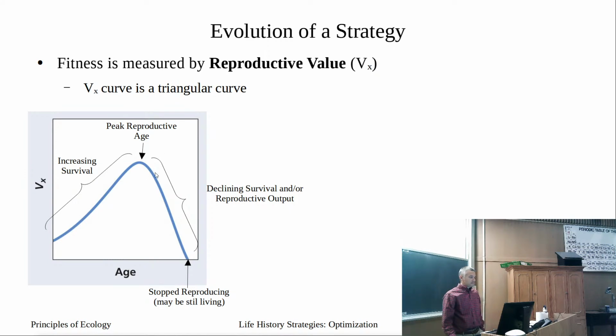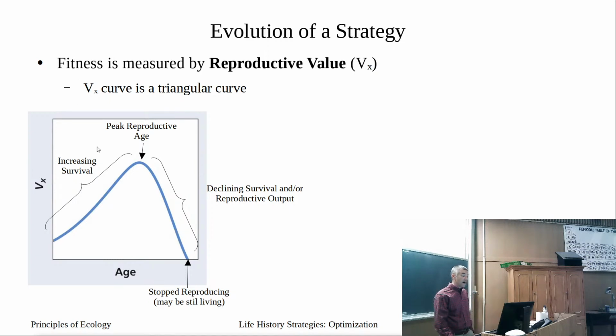Well, we'll start with the peak. That represents our peak reproductive age. We are most valuable at this time point because we are now able to reproduce. So we can not only reproduce now, but we also can reproduce in the future. And remember, we account for survival.